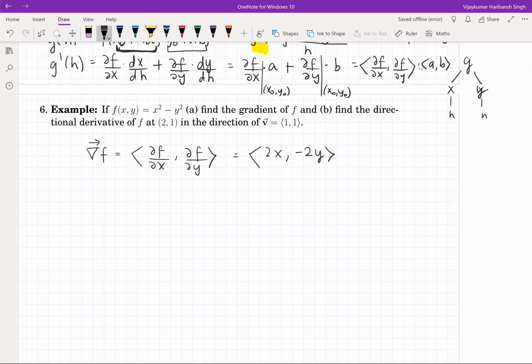Now directional derivative at 2, 1 is going to be what? du, sorry, we have v. So our vector is v, but note that v is not a unit vector. So first we need to find u, the unit vector along v.